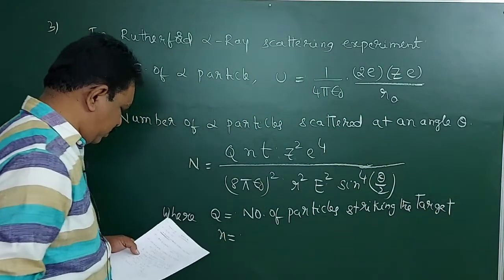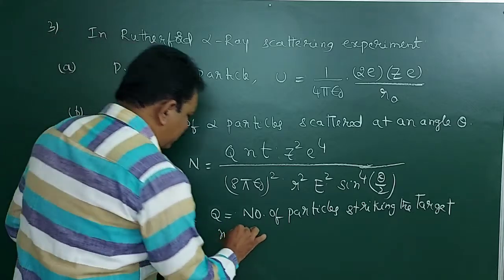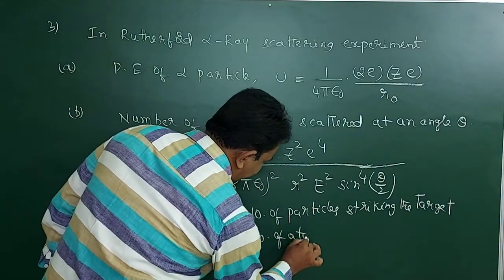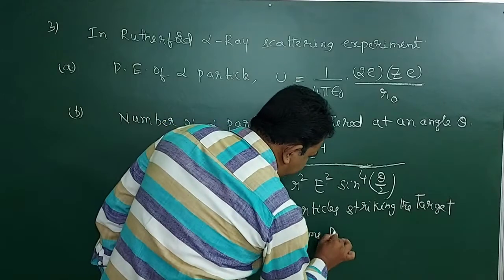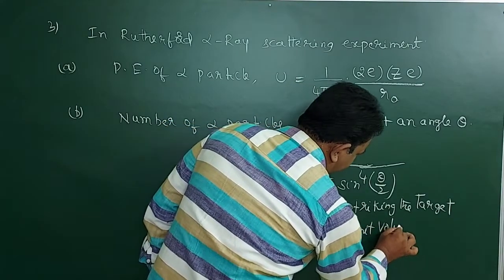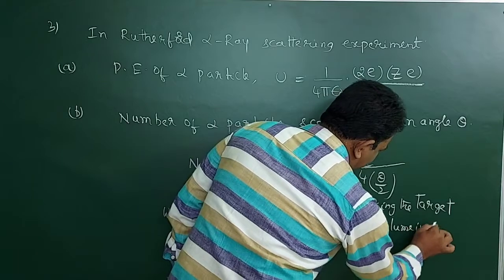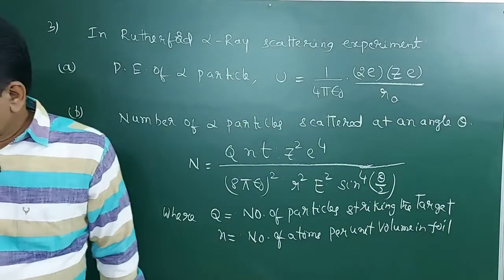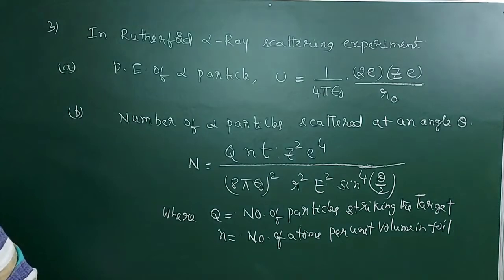N value will be equal to the number of atoms per unit volume in the foil.